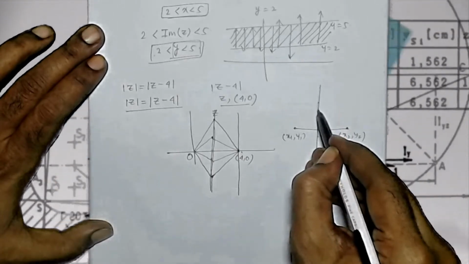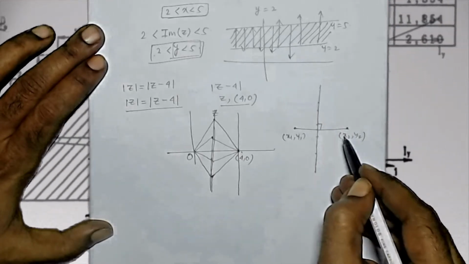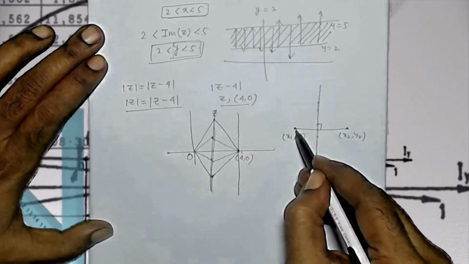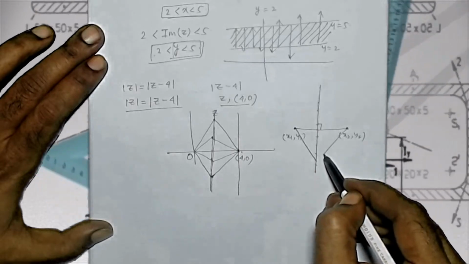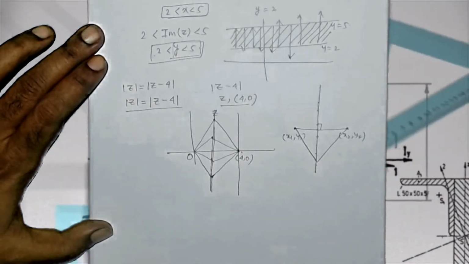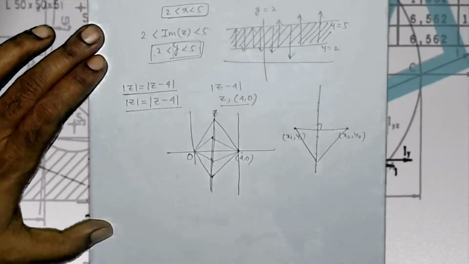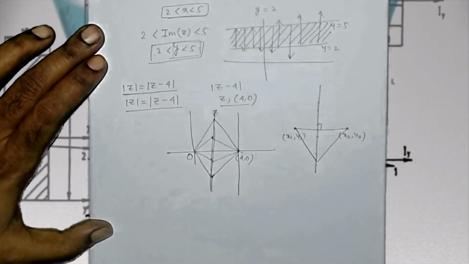Then any point on this perpendicular bisector will have an equal distance from x1, y1 as well as from x2, y2. Is it clear?